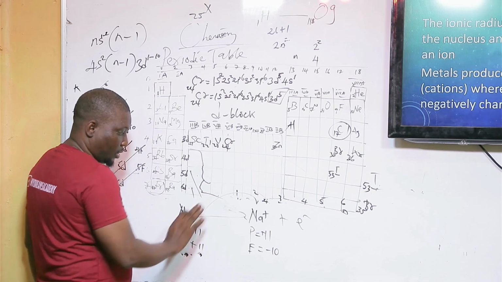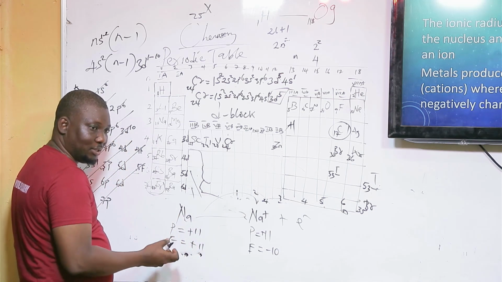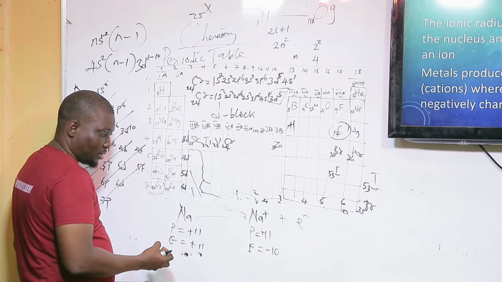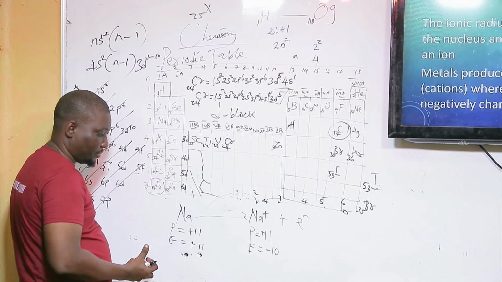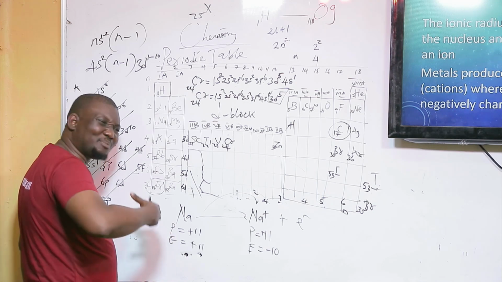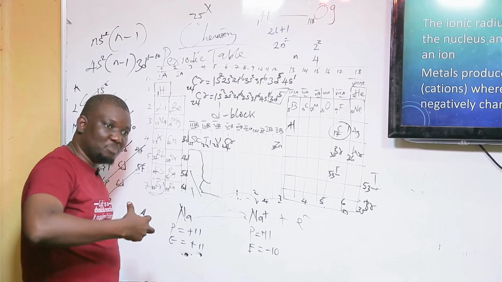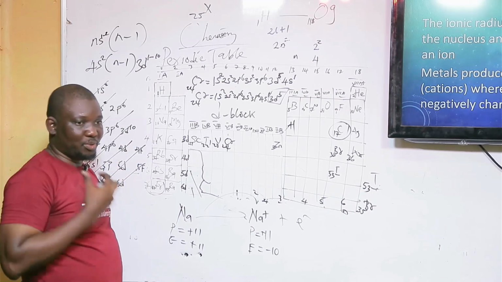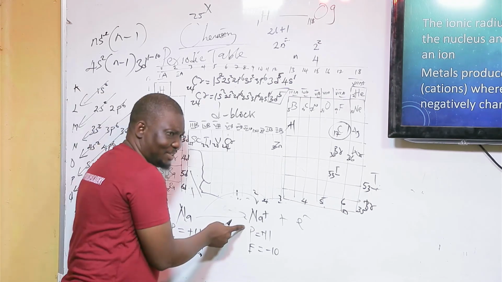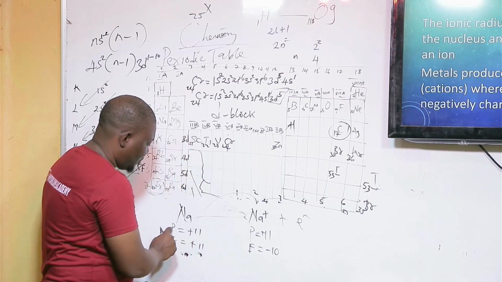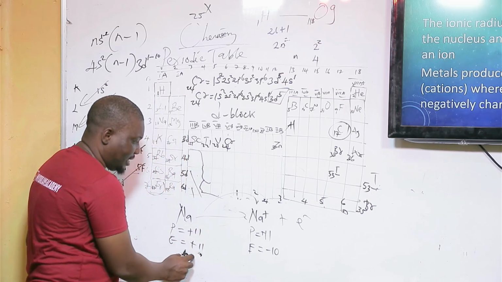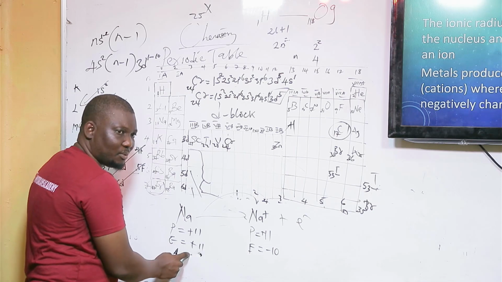So now, which one will tend to pull the electron? Which one will try to have the highest pull of electron? Is it this or this? Which one has more positive charge? There is more charge here. You see, this positive charge is going to grip everything here without remainder.